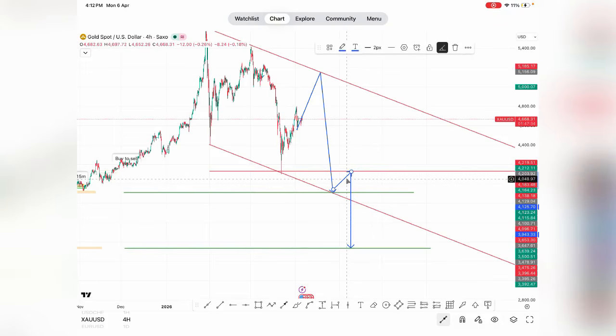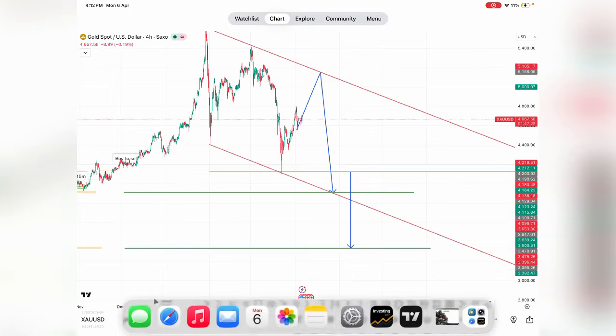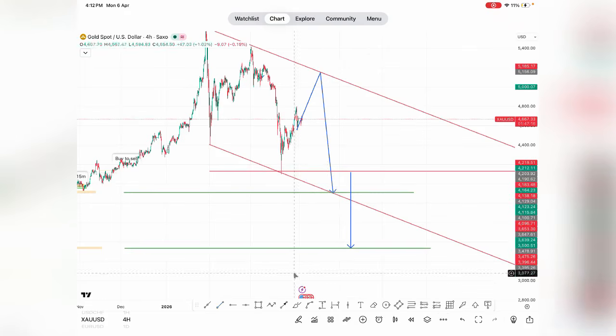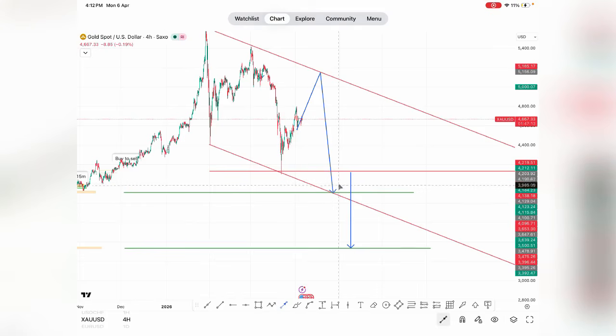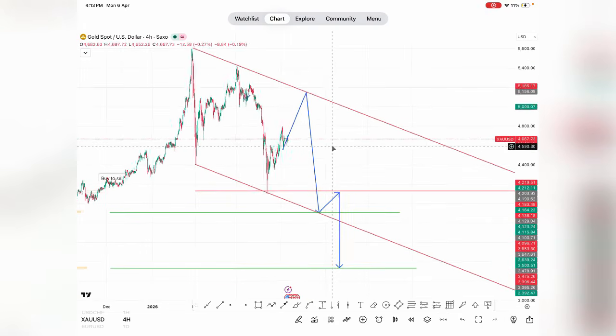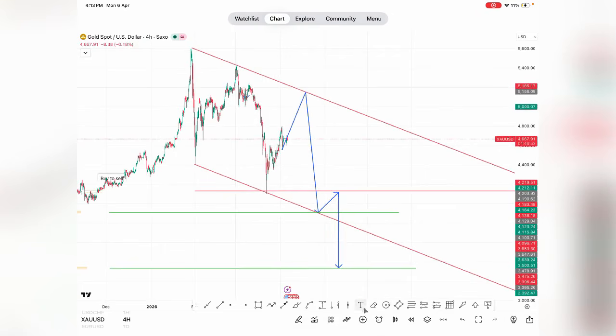Let me just use a normal line. Then the blue line was not bad. Okay, so this is how it looks.